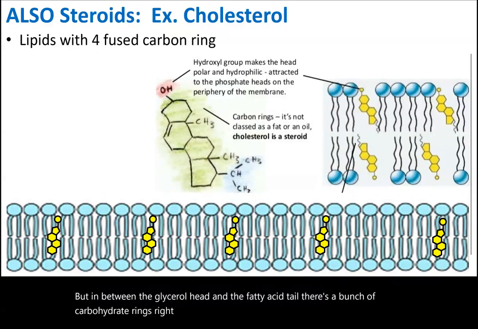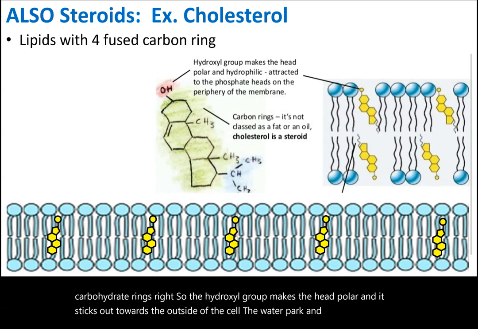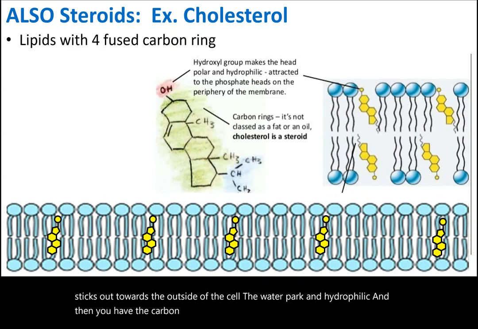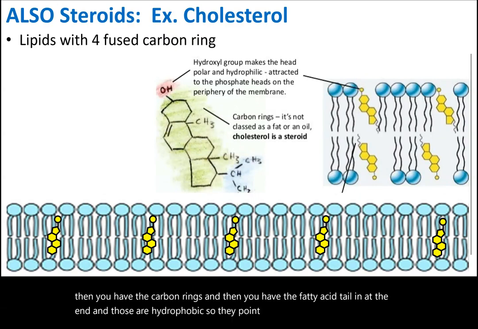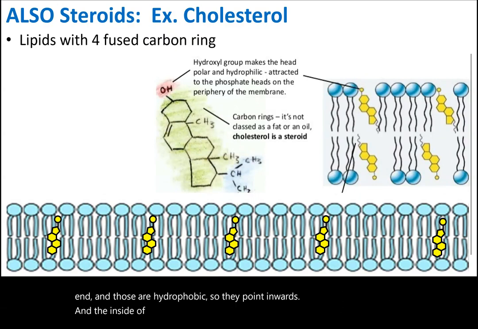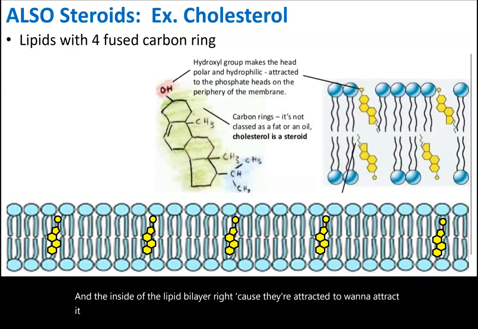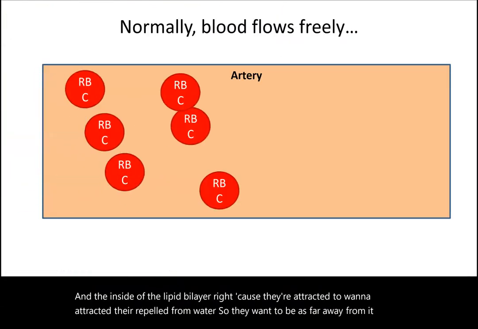So the hydroxyl group makes the head polar and it sticks out towards the outside of the cell, the water part, and hydrophilic. And then you have the carbon rings, and then you have the fatty acid tail at the end, and those are hydrophobic, so they point inwards in the inside of the lipid bilayer, right? Because they're repelled from water, so they want to be as far away from it as possible.